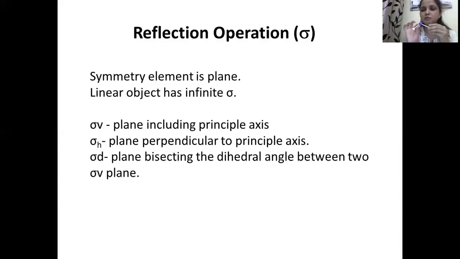Either I cut this molecule like this or like this, in both cases of mirror planes, I am including my principal axis. If the principal axis is included in the plane, then that plane is called the vertical plane.